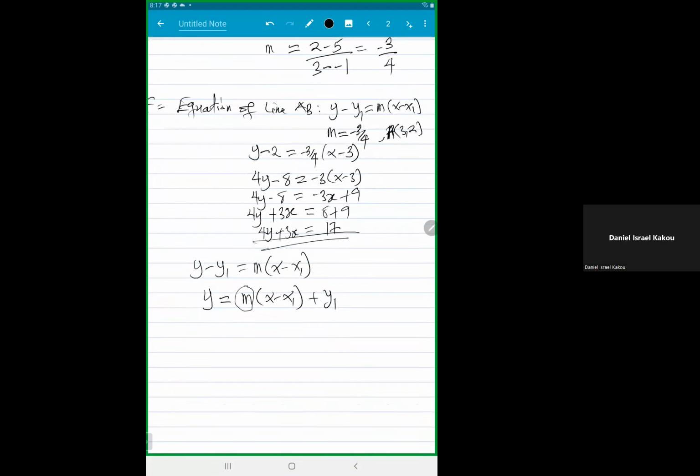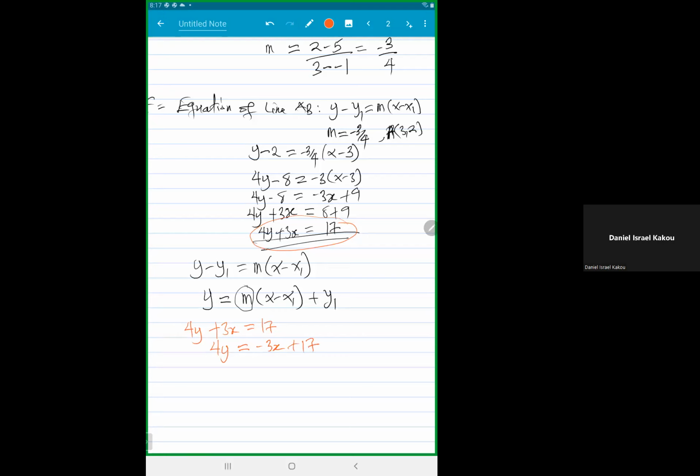That means from what I just underlined and I'm about to circle in orange, I can choose to make y the subject and quickly tell what the gradient of that equation of the line is. So assuming I have 4y plus 3x equal to 17, the gradient of this line is going to be easy to know by making y the subject like I'm doing.